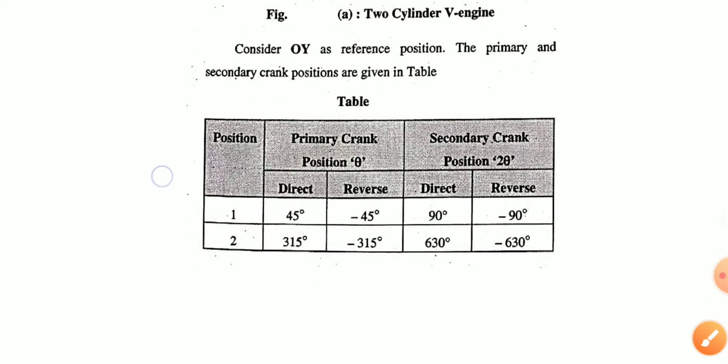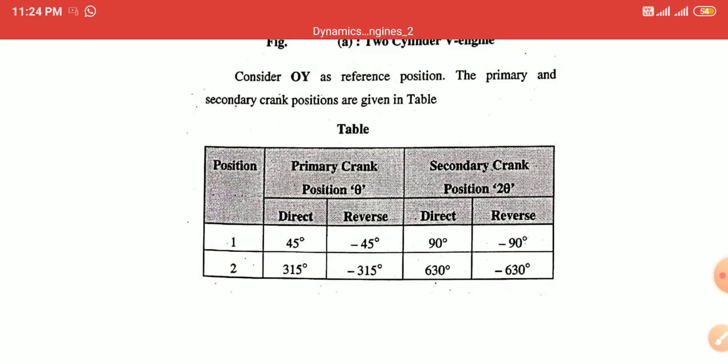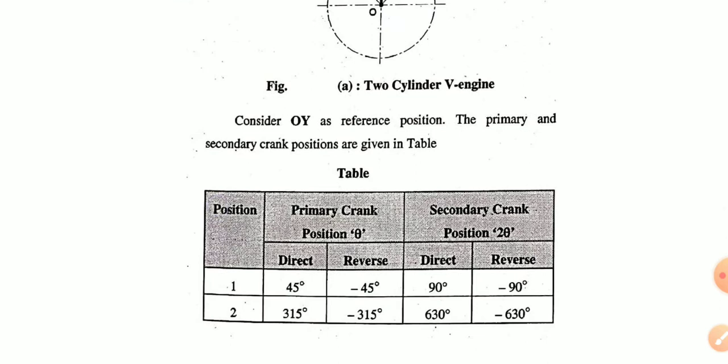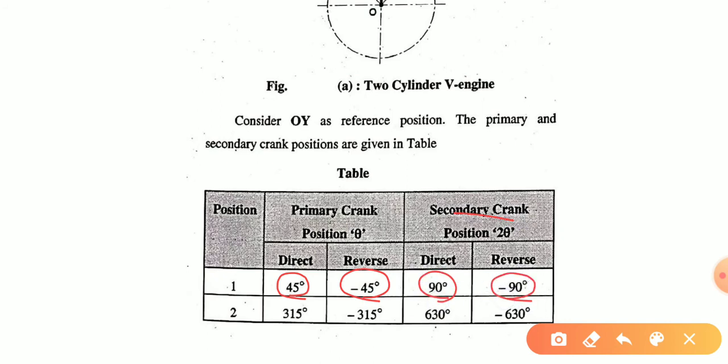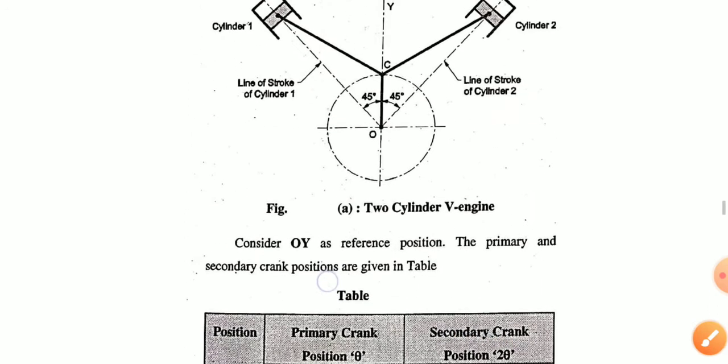Now the concept of direct and reverse crank. As we know, there will be only a change in the angle. For the direct crank there will be a positive theta, and for the reverse crank it will be negative. In the same way for the secondary crank, one will be positive, the second will be negative. For the second cylinder it will be 315 degrees.